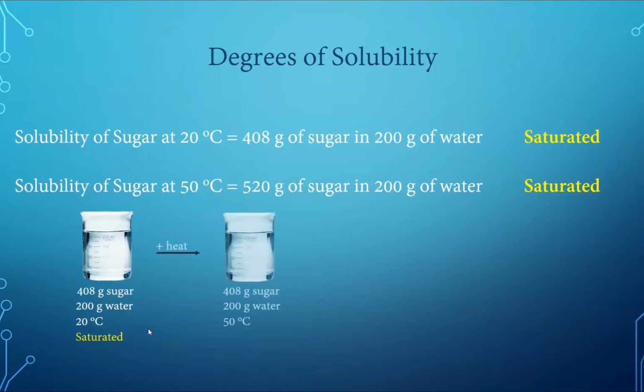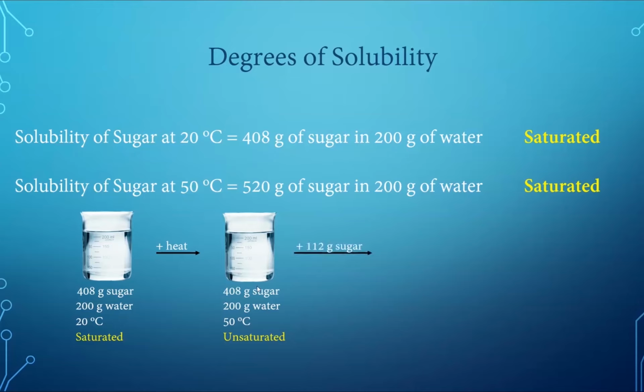Now let's suppose that we heated the solution up. We take this exact solution and we heat it up to 50 degrees. Is our solution still saturated? Well, according to our information up here, we have room for 520 grams of sugar, but we've only got 408. So we have less than the maximum amount, and therefore this particular solution would be called unsaturated. Now let's continue on.